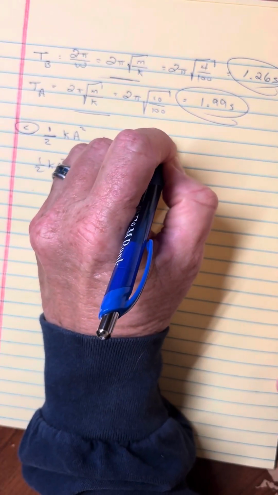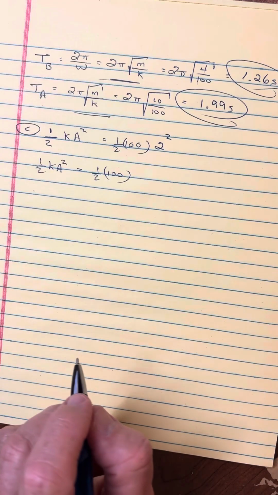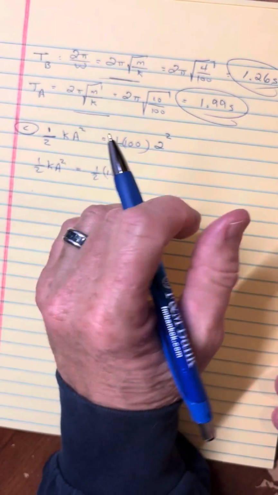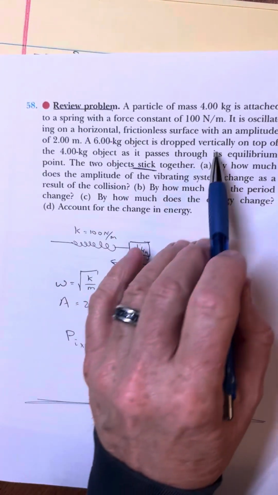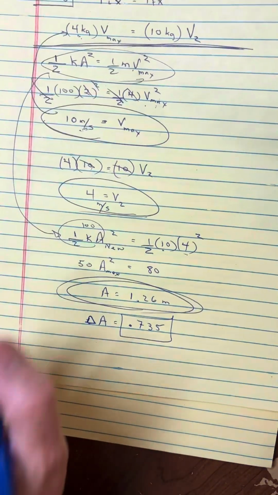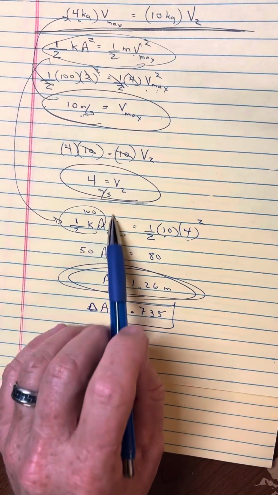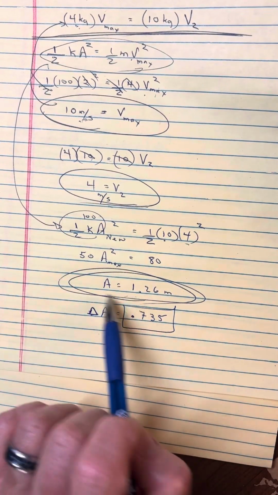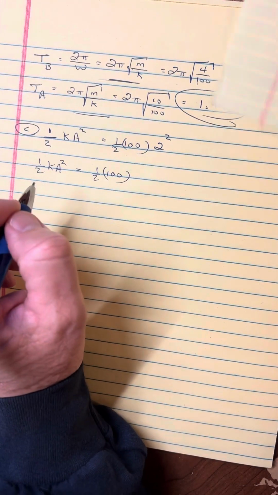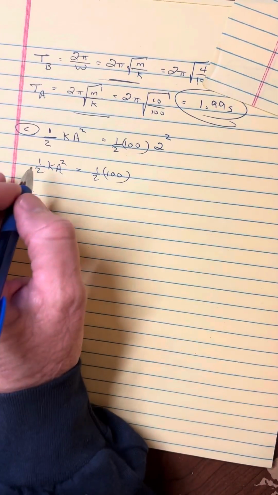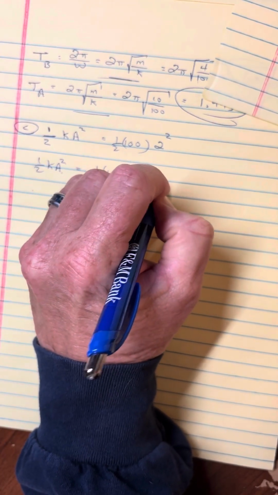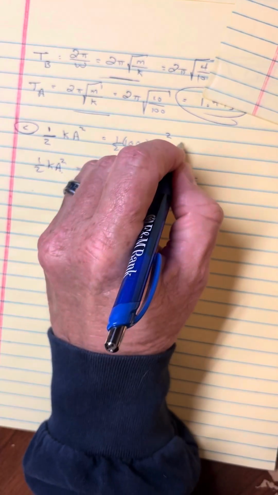But as we talked about, the amplitude before the collision was a 4, I mean, a 2, and that was given, and then we squared it. Then as we were calculating the energies, we said that, okay, we got to conserve momentum, and so there's going to be a new amplitude. And so this new amplitude is 1.26 meters.